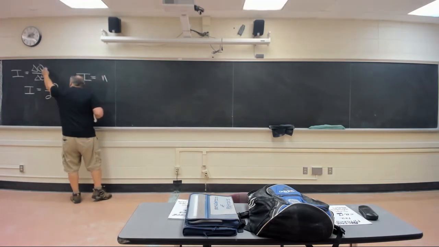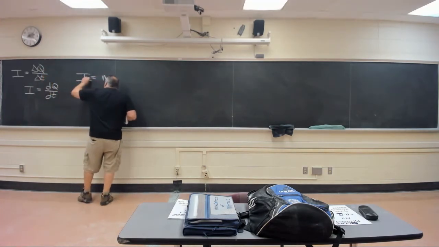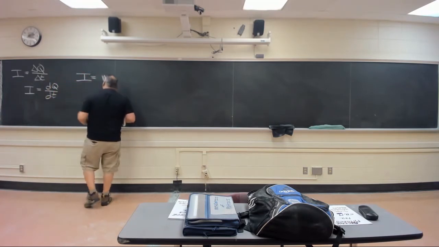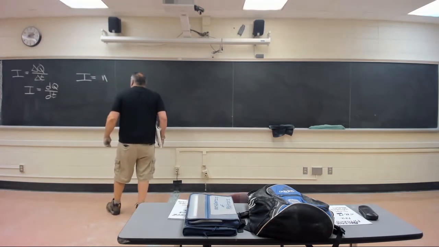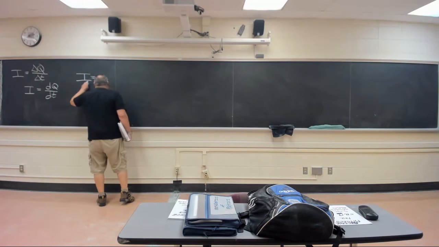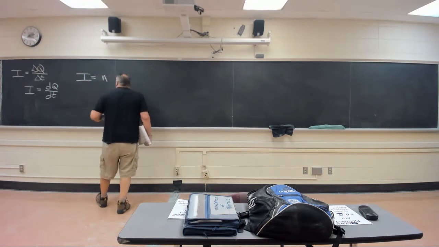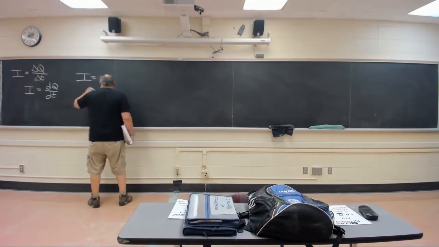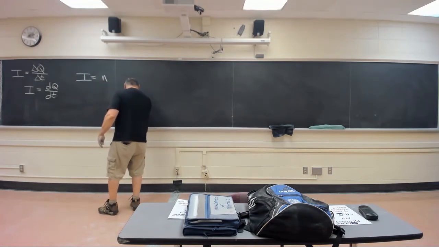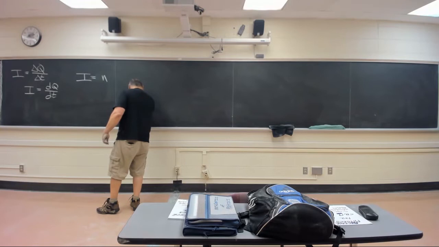One coulomb divided by one second is called one ampere. The amount of charge passing per unit time, the current, is equal to the number of free charge carriers, where N is the number of mobile charge carriers per unit volume.